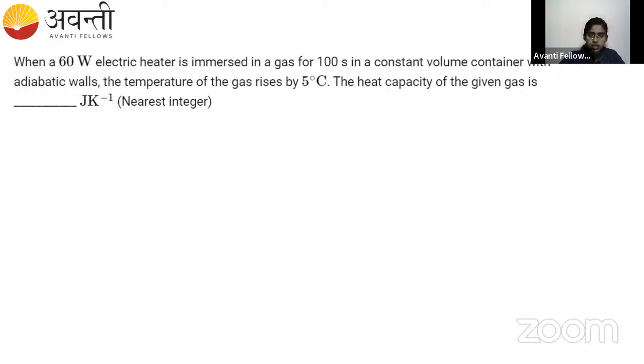So to find out the heat capacity, the relation is Q by delta T. Because Q is equal to C delta T, right? From that C is equal to Q by delta T. So I need the Q and delta T values. But here in the question, 60 watt, so power is given.